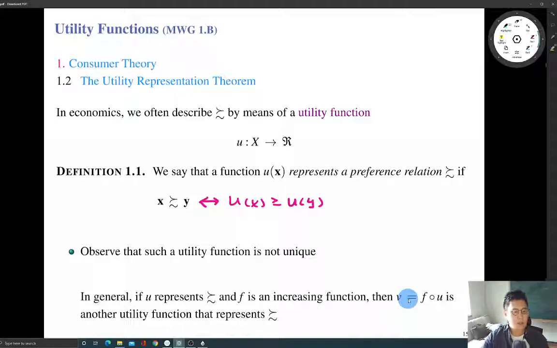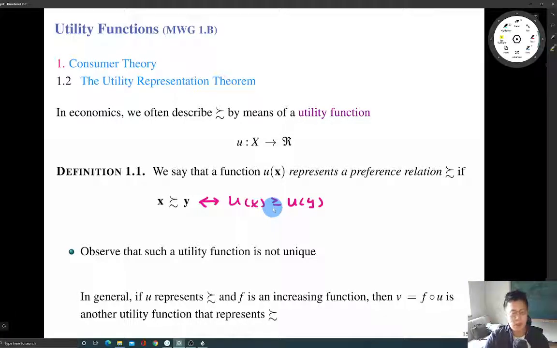All right, so this result is immediate from this definition. Suppose that function u represents this preference relation. So we have this. Okay? And the given function f is an increasing function, any arbitrary increasing function. That means although we take this function f on both sides, making composition, the inequality is not reversed.